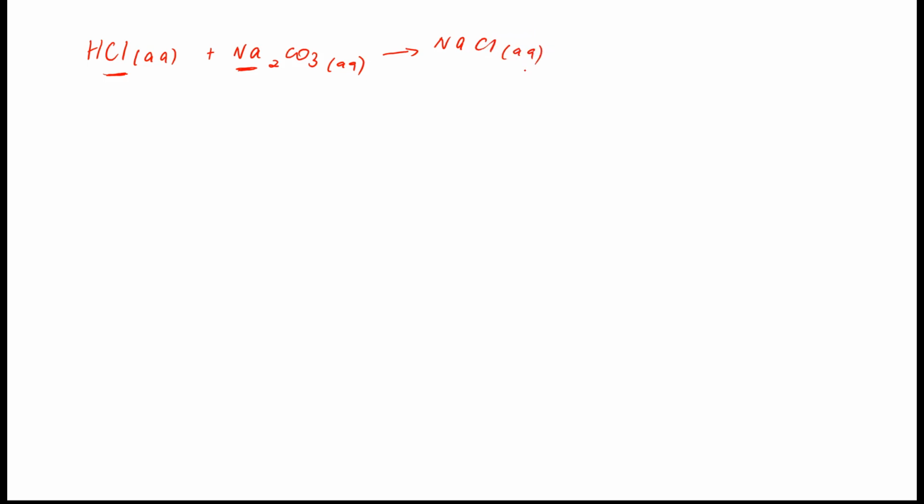It produces water, which is a liquid, and carbon dioxide, which is a gas. Using the solubility rules to double check, all chlorides are soluble and group 1 metals are soluble, so it's handy to know that sodium chloride is soluble. Makes things a lot easier.